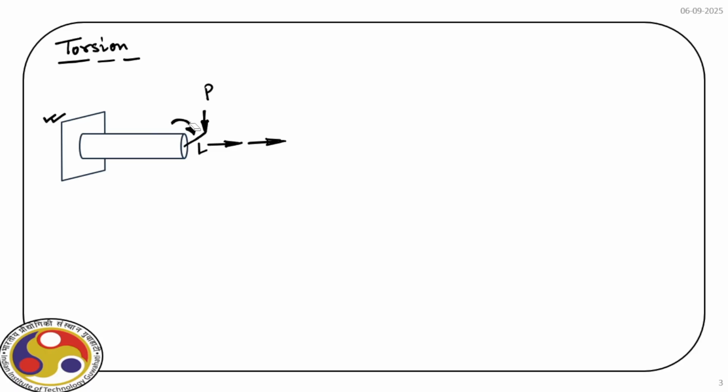Now if you look at the symbolic representation of the torsion, we use two arrowheads. This is the amount of torque that we apply, and in this case its value is P times L.